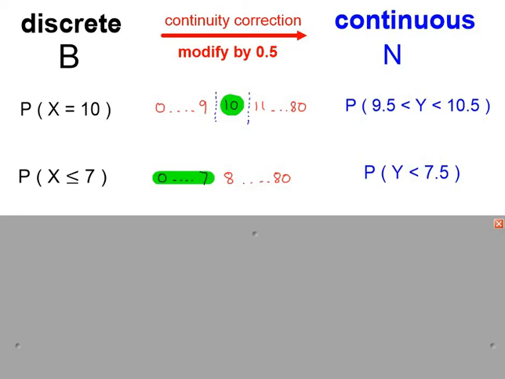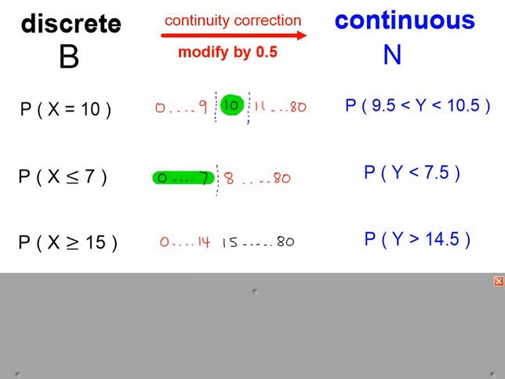So once again, the boundary between what we want and what we don't want is right here. And between 7 and 8 we have 7.5, and that's where this comes from. We were doing less than or equal to in the binomial distribution. If you put an equal sign in the normal distribution, it's not going to change anything. You can if you want to. I haven't. Okay, next one.